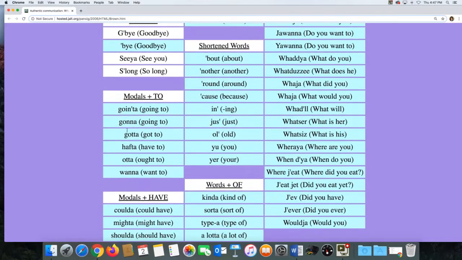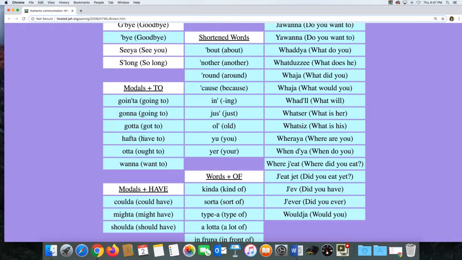And then I want you to repeat these ones too. These are all some of the ones that I went over in those questions, and some of the more common ones that we use, where it's a verb plus to, and to always becomes the schwa sound, ta. So going to becomes gonna, and every time after I say that one, I'll pause after I say the connected form version, reduced form, so that you can repeat it.